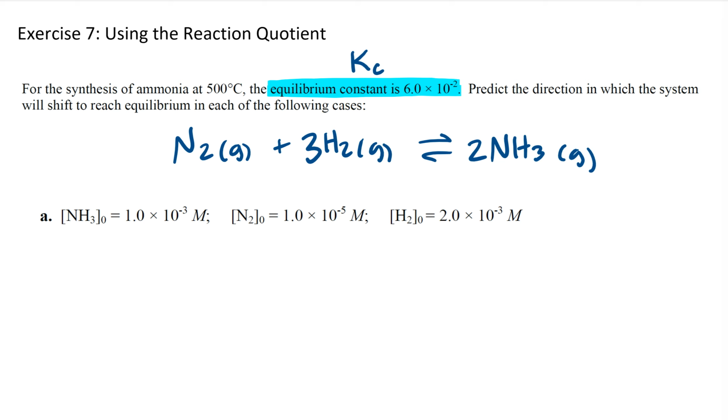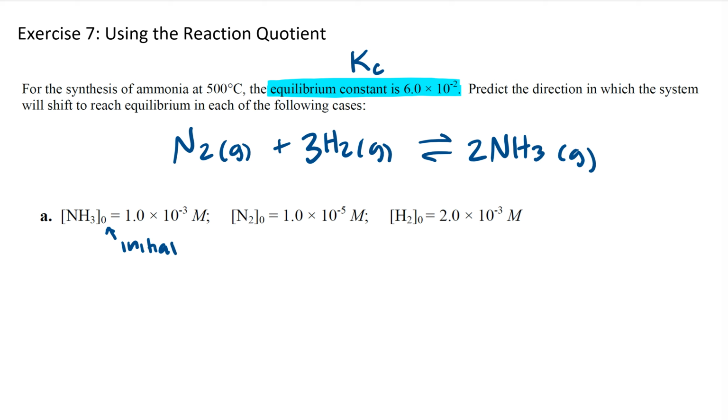Okay, and so in part a, we are given initial concentrations for each one of our chemical species. And I know that these are initial values because of this 0 here. That means initial. At time 0, these are our molarities.